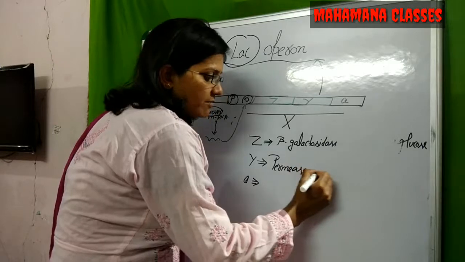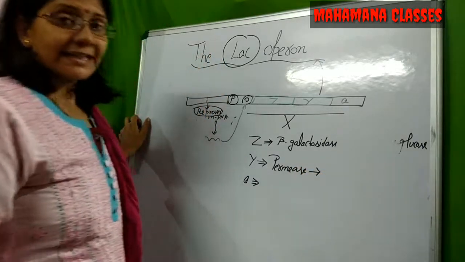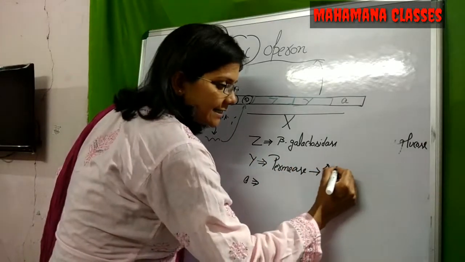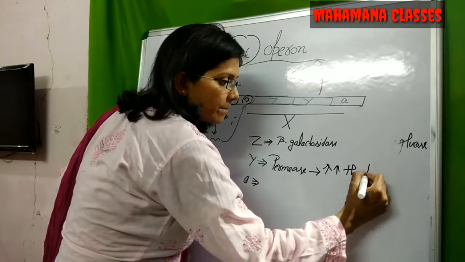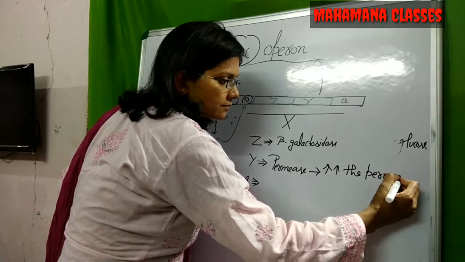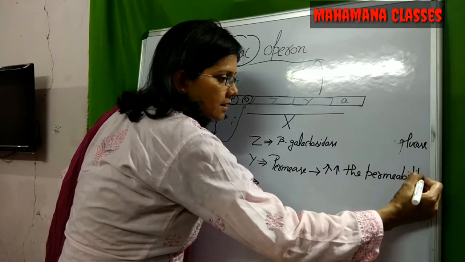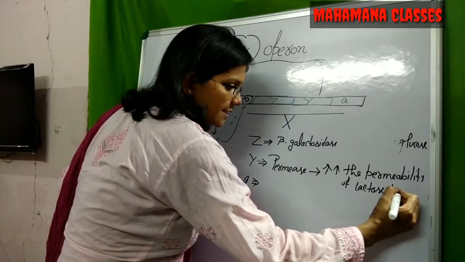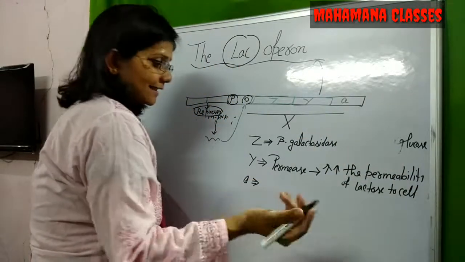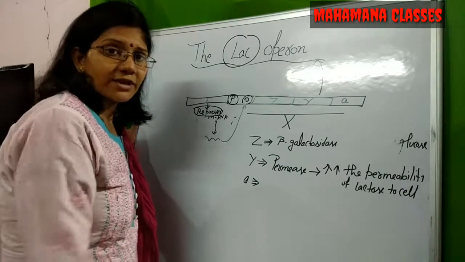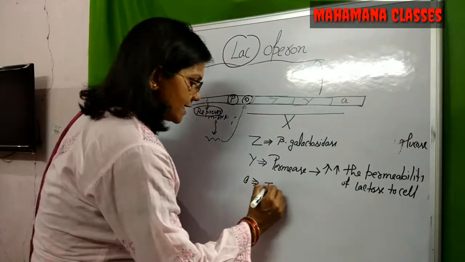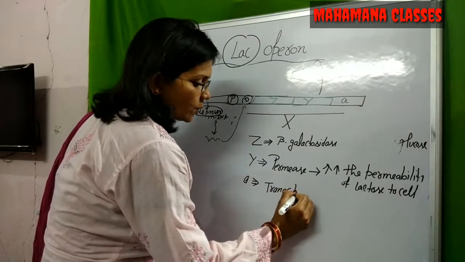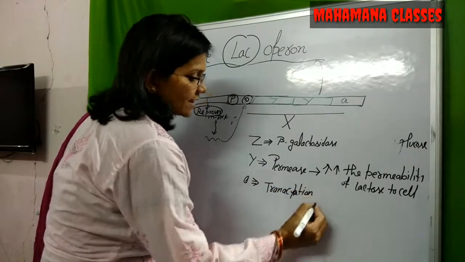What is the function of this permease? It will increase the permeability of lactose to the cell. Okay, I will tell it later. Then what is the function of A? It is transacetylation. We have discussed the function of this transacetylation.